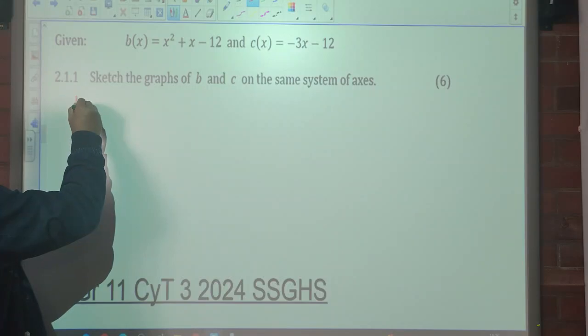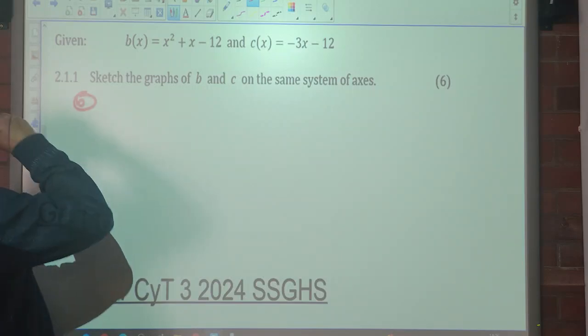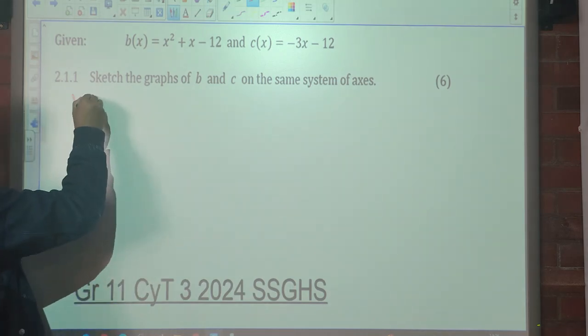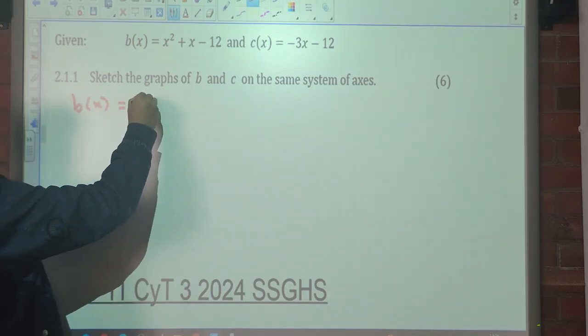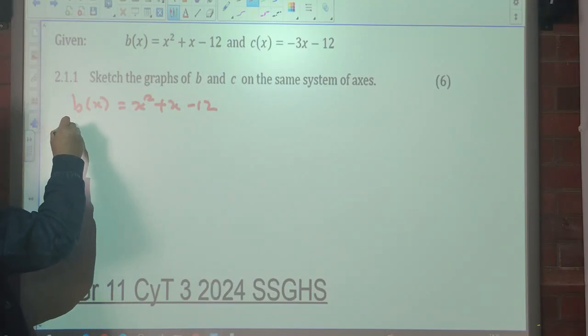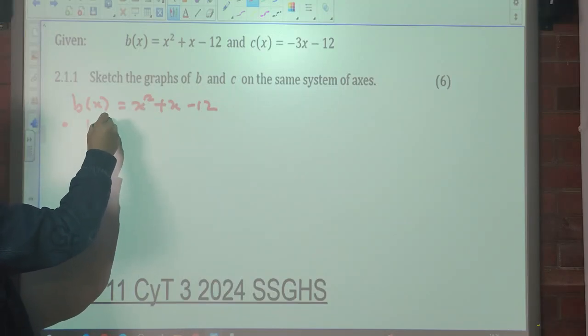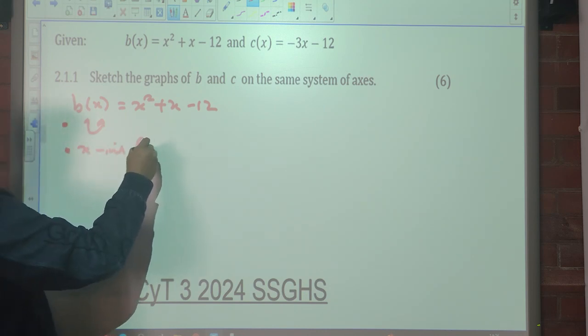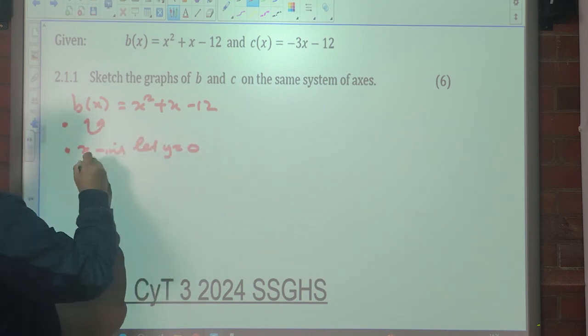Let's go with B. How do we calculate B of x? You work out the shape of the graph. So B of x equals x squared plus x minus 12. Firstly, the graph is smiling. Number 2, x-intercept: we let y equal 0.